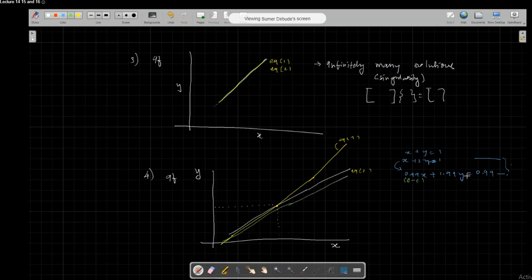And this is equation 3, which is very close to equation 2. But you see that here is a solution. This is our solution of equation 3, and this is our solution of equation 2.